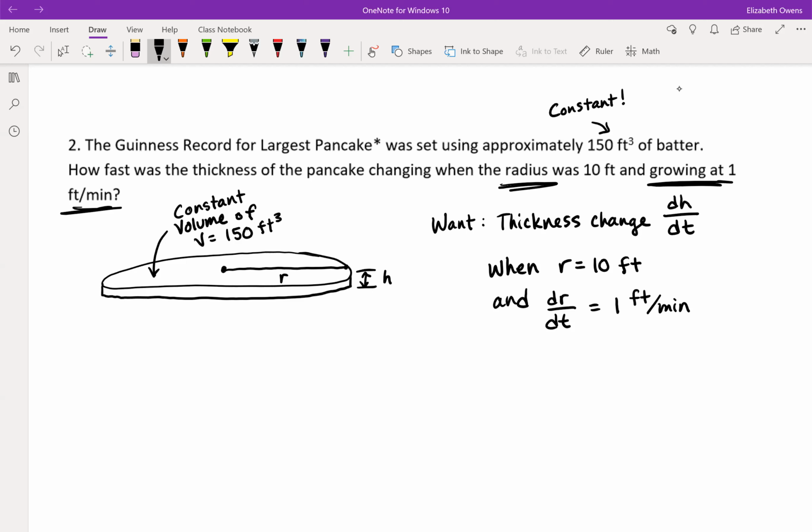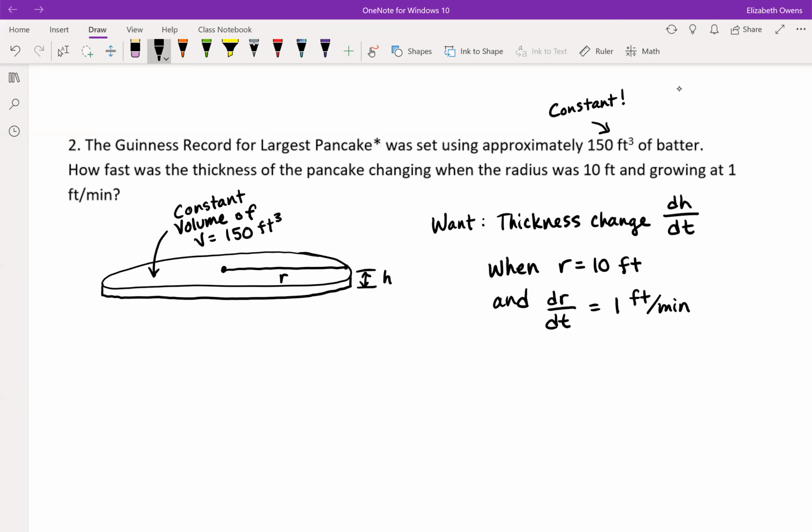We're keeping it positive, positive 1 foot per minute, because it's growing. So we've got a nice setup for what we want to find. We know what we're looking for, dh/dt, and we know when we want it.